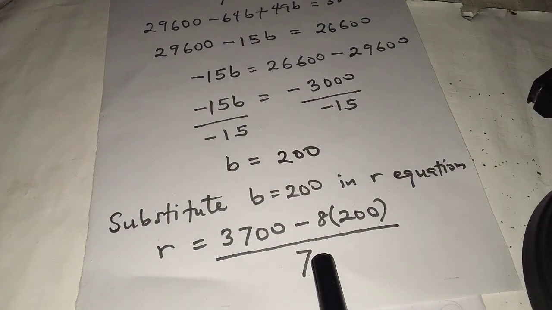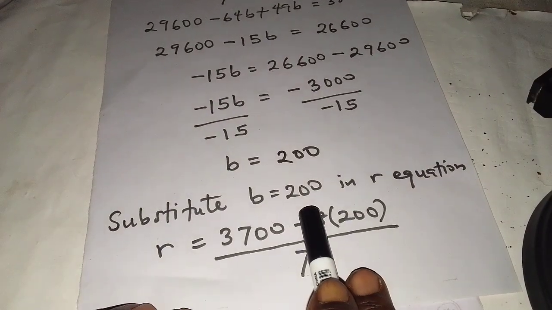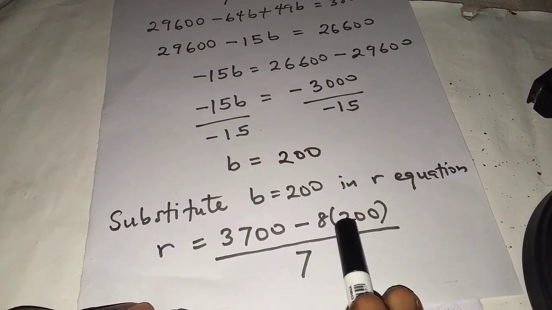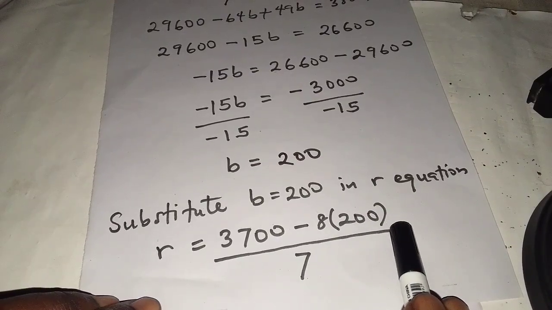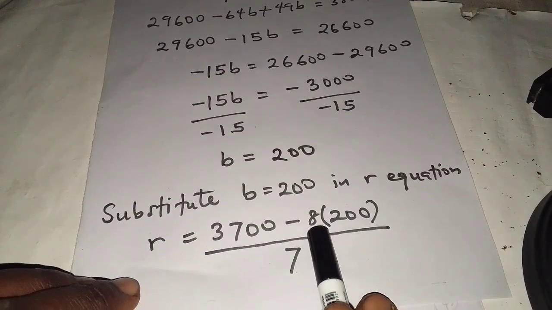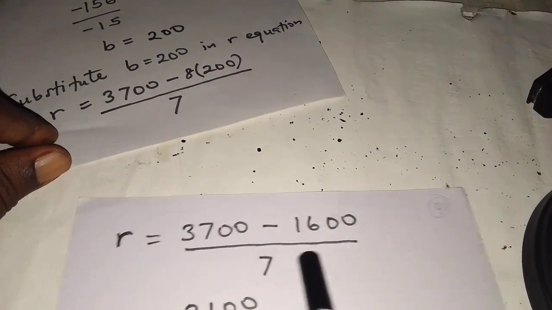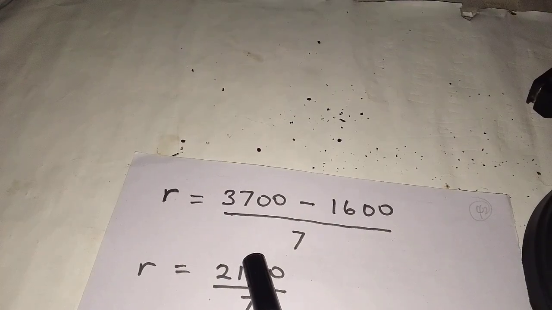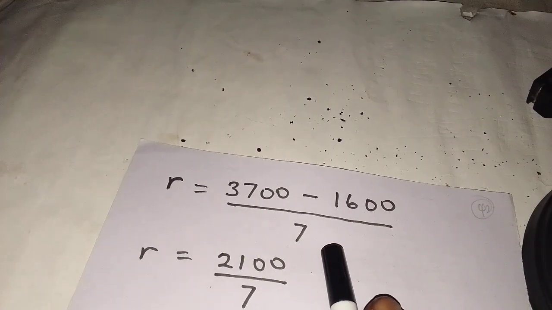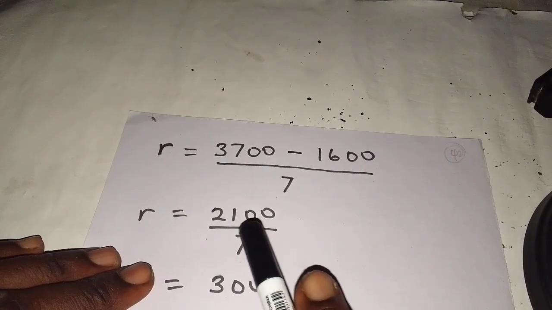So you now substitute 200 for B. In place of B you have 3,700 minus 8 into bracket 200, over 7. So 8 times 200 will give me 1,600, everything over 7. So now 3,700 minus 1,600 will give us 2,100 divided by 7.